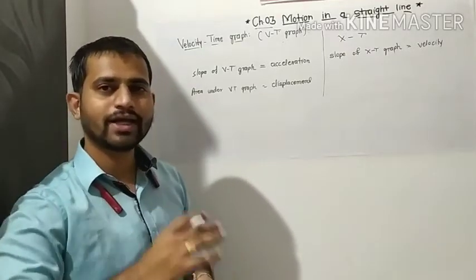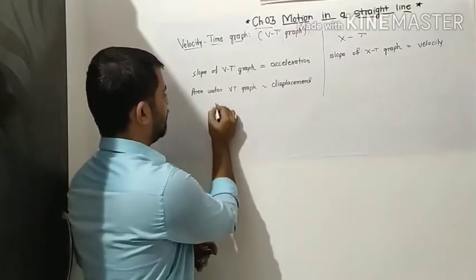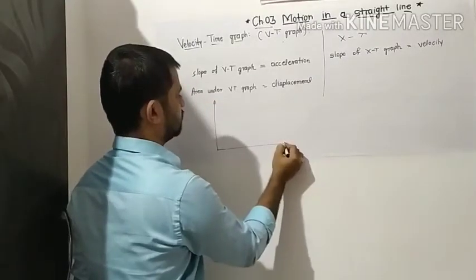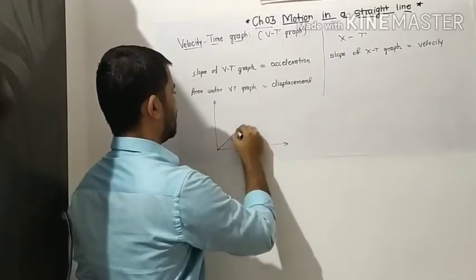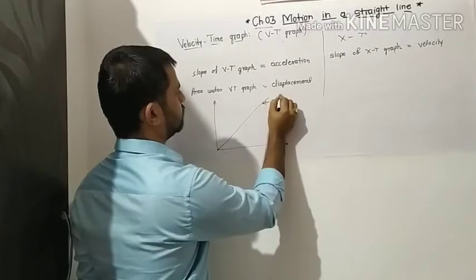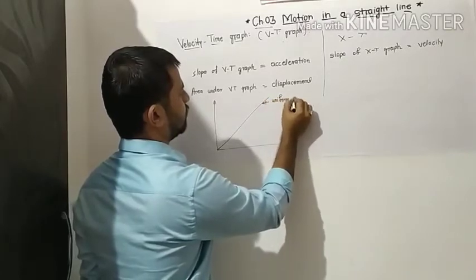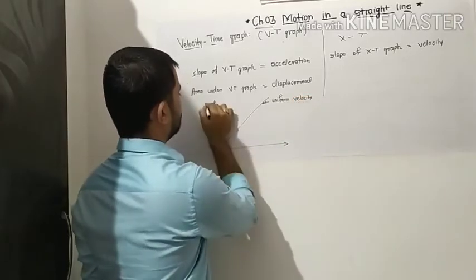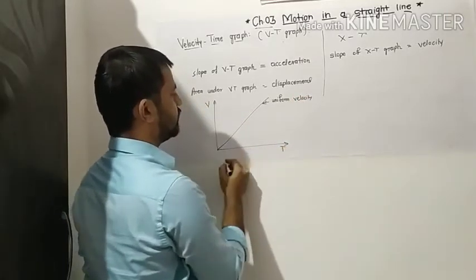Now if we take the summarized graph for the VT and the XT, in the VT graph, a horizontal straight line indicates the uniform velocity. Okay, indicates the uniform velocity.